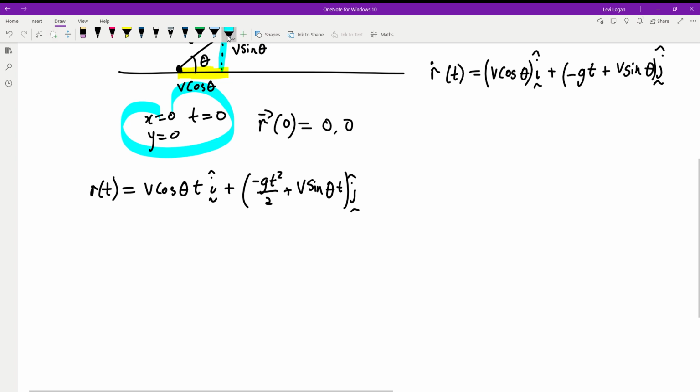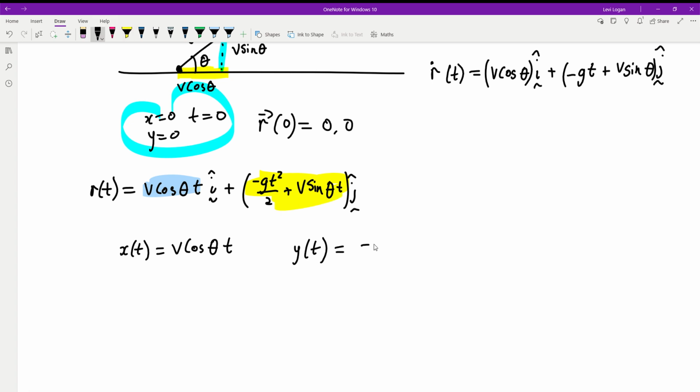So x of t is v cos theta t. And y of t is negative gt squared on 2 plus v sine theta t.